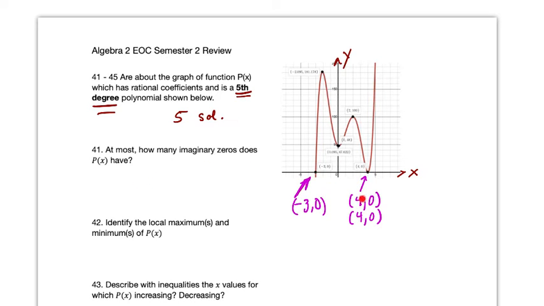Well, if we assume that this is only multiplicity 2, then at most it could have 2 imaginary solutions, because remember, it has to have 5, so if this is 1, 2, and 3, the other 2 must be imaginary. Now, if this was multiplicity of 4, so this occurred as a solution 4 times, then it could be no imaginaries. But they wanted at most how many? So the most it could have is 2.